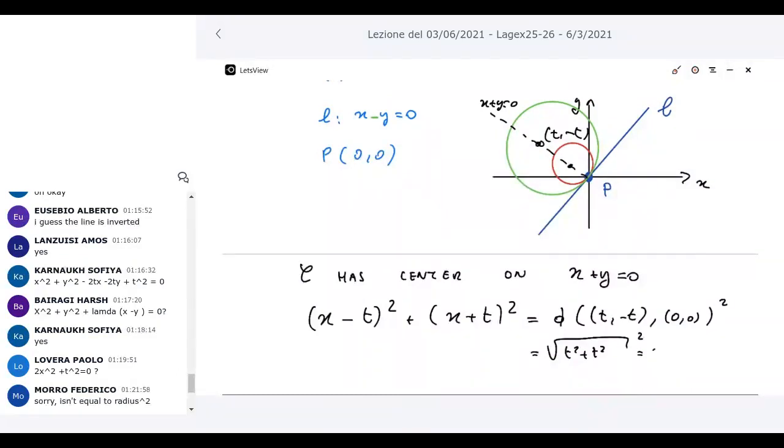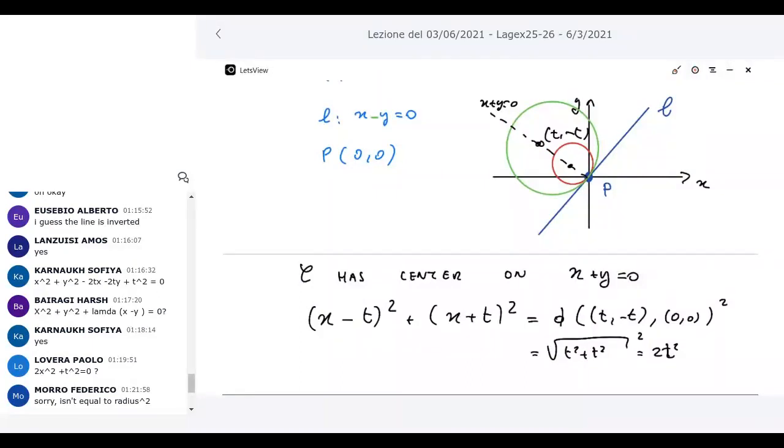So 2t squared. To repeat, the center is (t, minus t), and the radius is the distance between (t, minus t) and the origin squared, so you get this expression here, okay? Yeah, Moro Federico, you are correct. I realized that just a second before.